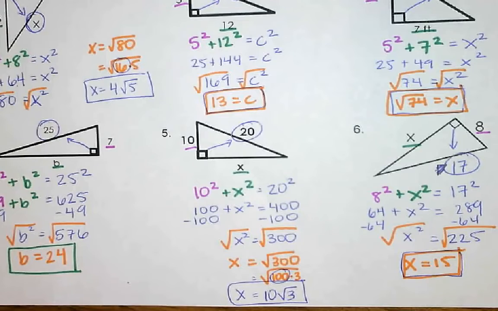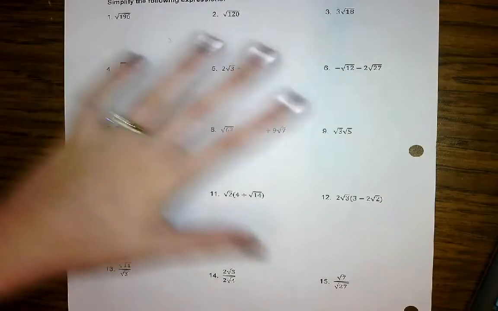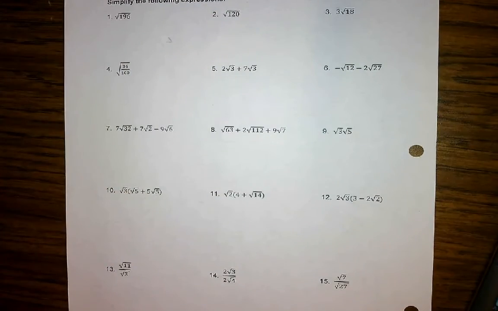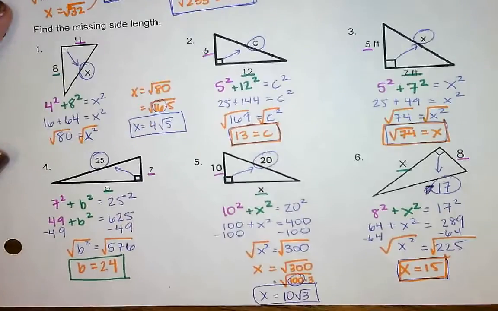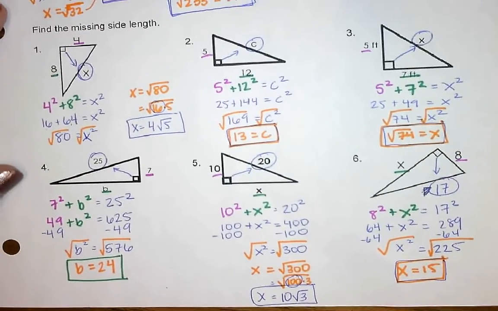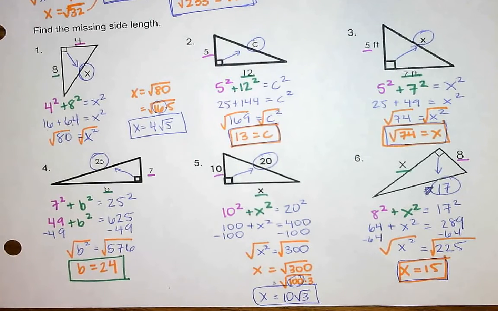We've got multiplying, adding, subtracting, dividing, just regular simplifying. So work on the back page while you check over your answers. I'll leave this up here so that you can see it, and then once you're done with that, you can get to work on your homework. All right.